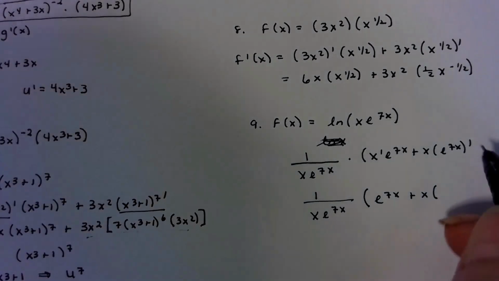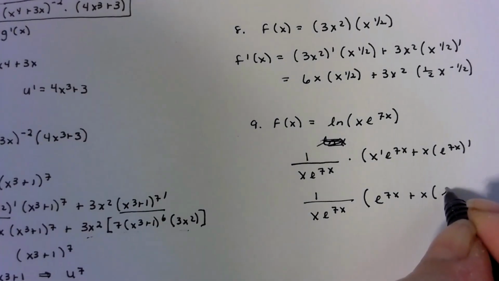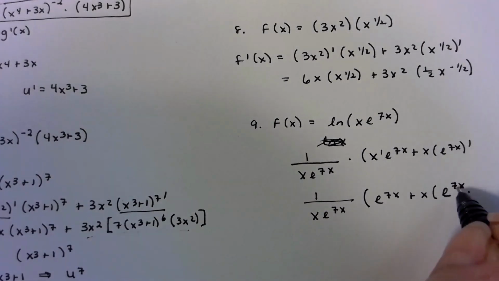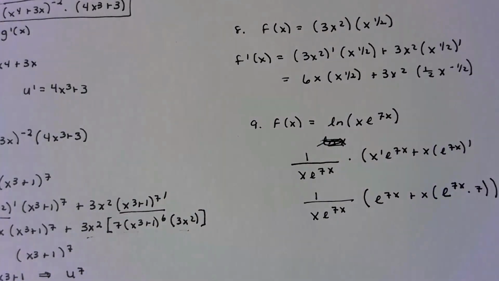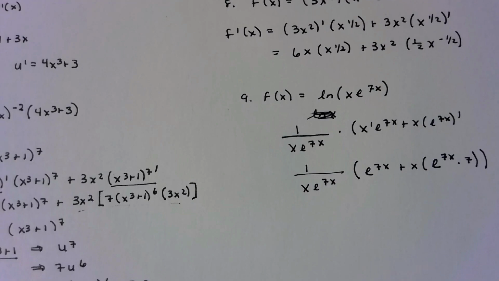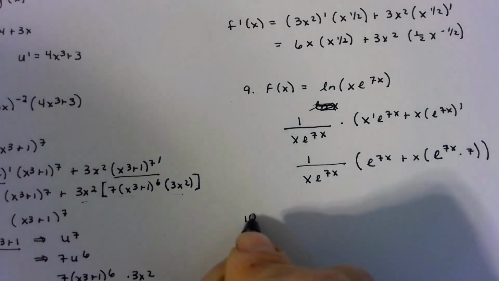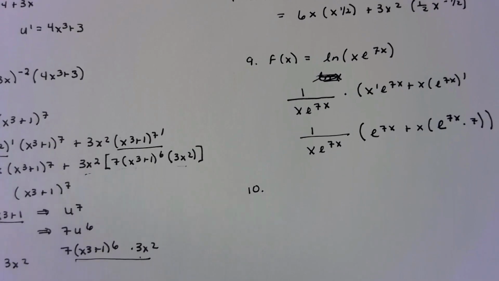So the derivative of the outside is e to the x, but if we recompose it with the stuff inside, then it's e to the 7x times the derivative of the inside, which is 7. Leave it alone. You're done.